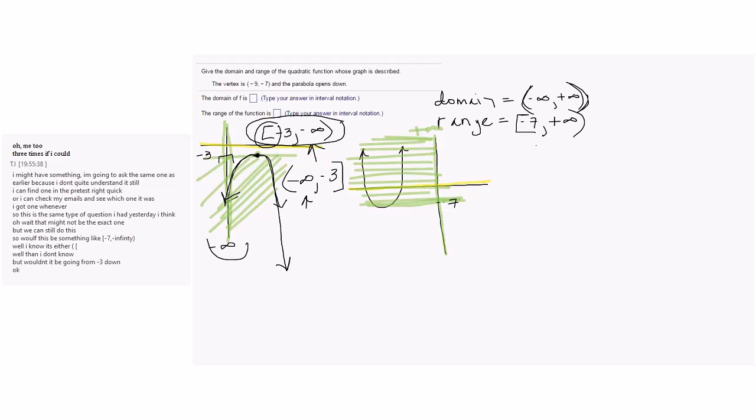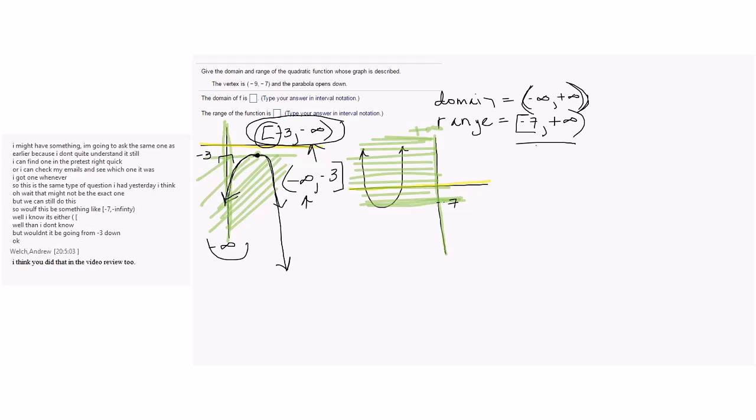So that would be the proper way to write that range, -infinity to -3, and then for this range over here, -7 is the smallest number, and +infinity would be the largest. So I'm just going to see if I have that right.